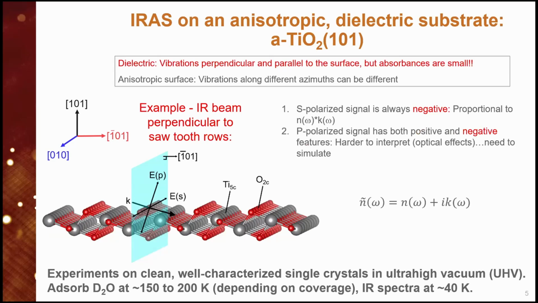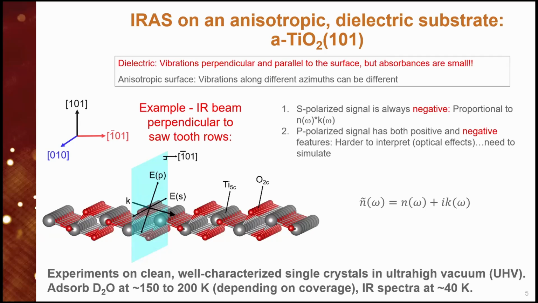The p-polarized signal, okay, so maybe let's take a step back just for everybody who's on board here. S-polarized means your electric field vector is in the plane of the surface. P-polarized means it's in the plane of the k vector coming in. So if you come in at glancing angle with p-polarized light, you have an electric field component that's perpendicular to the surface and along the surface in the direction of the beam, okay?